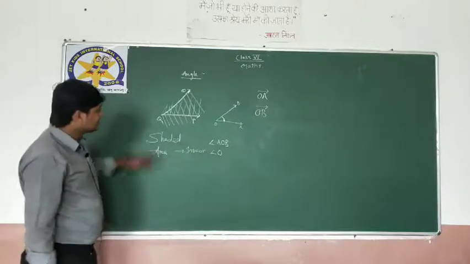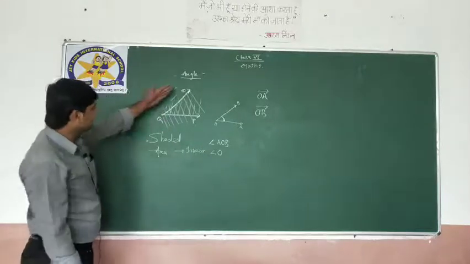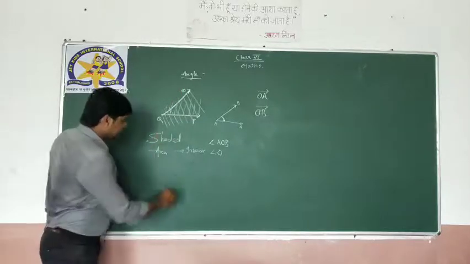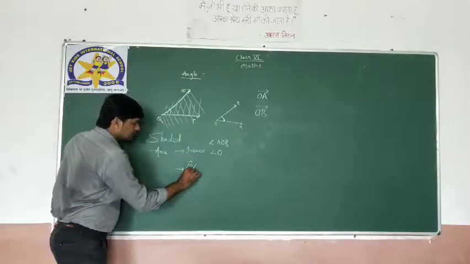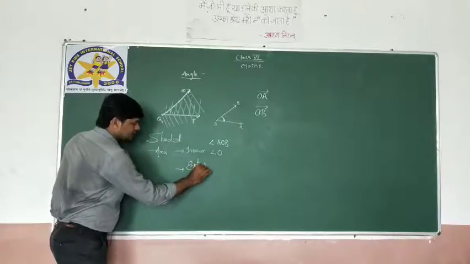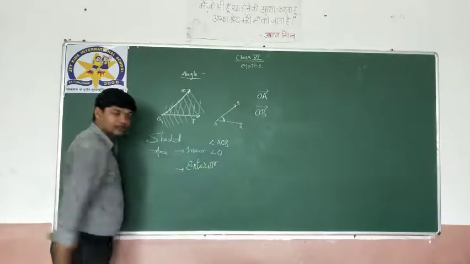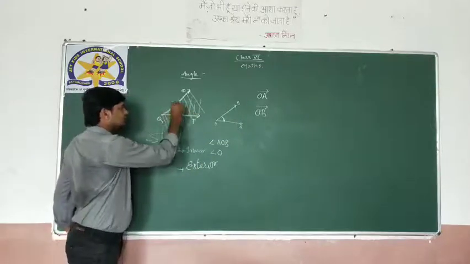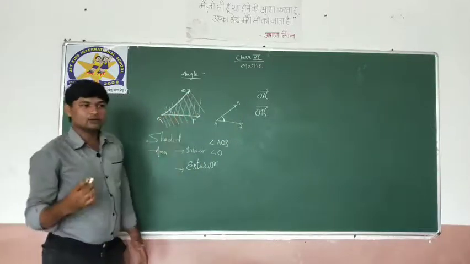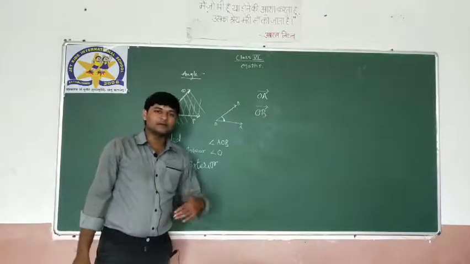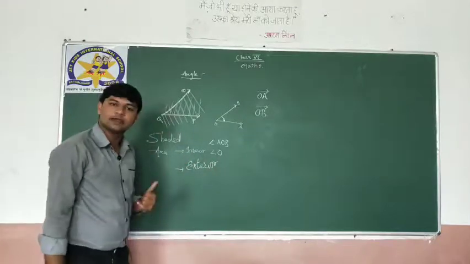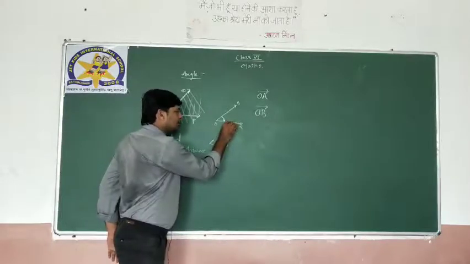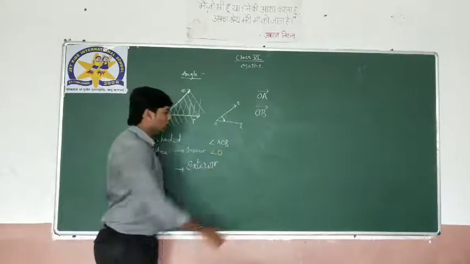This shaded area will be the interior part, and this outer area, except the shaded area, will be the exterior part. After that, these rays will be called arms, one arm and a second arm of that specific angle. So if we find any point on this, it will be on the angle.